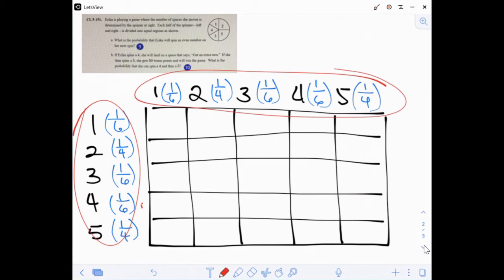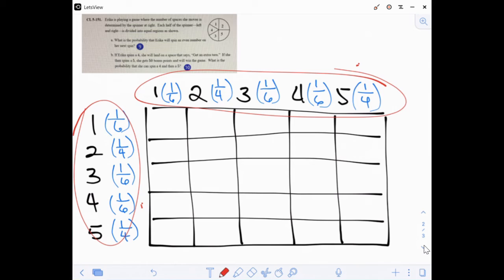I want to get a 5. What's the probability of getting a 5? 1/4. Okay. So I wrote this whole table down just to show you how to model it, because that's one of the techniques we talked about in our lessons. But I really only need to know the probability of getting a 4 and the probability of getting a 5.